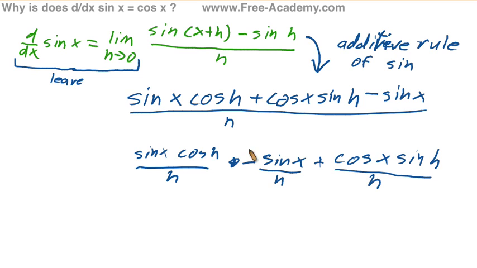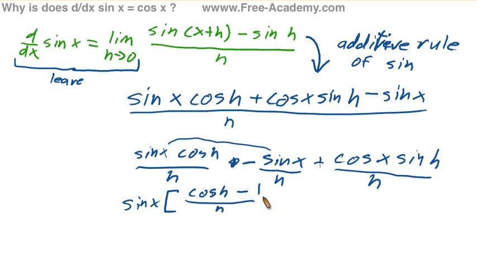Alright, now what I'm going to do is take this term right here and factor a sine out of it. So this will give me sine of x, and in brackets cosine h minus 1 over h, and now I'm going to factor cosine out of this term, cosine of x, brackets, sine of h over h.